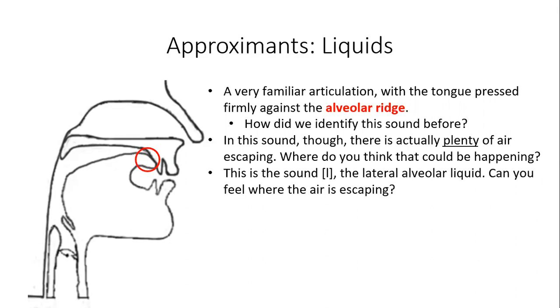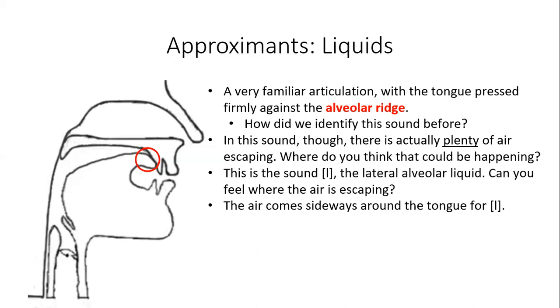So this is, to think about it, the sound is L. So first, I hope you notice when you say an L, that you put your tongue there on the alveolar ridge, just like a D. So a D and an L, your tongue is touching the same place. But when you make an L, can you feel where that air is escaping?